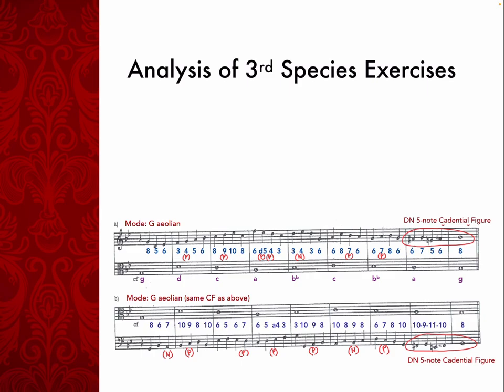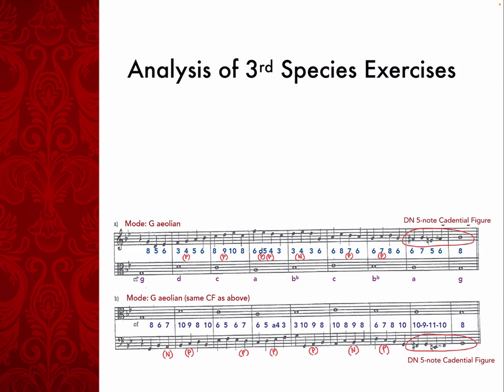Okay, so then the next step is I went and I put all the numbers in. 8, 5, 6, same with me. 3, 4, 5, 6, 8, 9, 10, 8, 6. It's really 13, but don't use the compound versions above 10 because it's too hard to calculate.